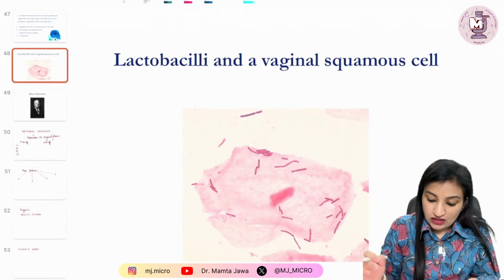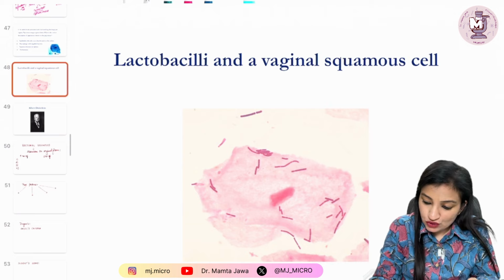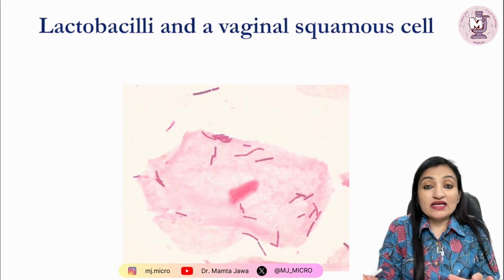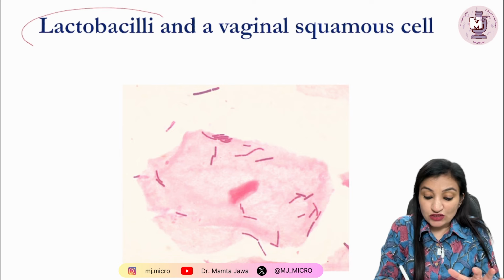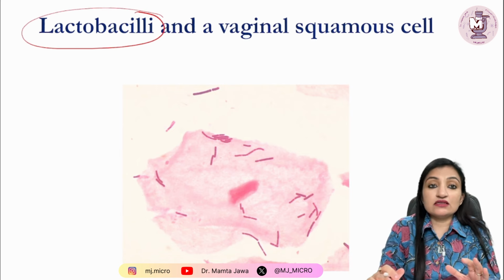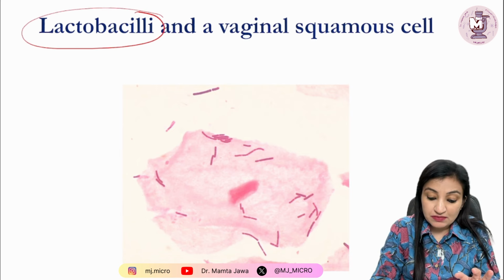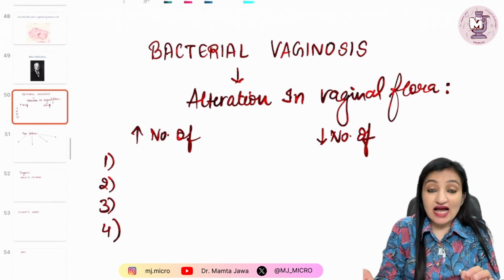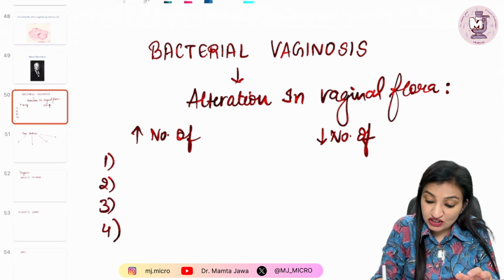Now look at this, guys. Generally in the vagina, the lactobacilli, also known as the Doderlein bacilli, are present in abundance, and they maintain the acidic pH of the vagina. Now, there's a condition called bacterial vaginosis, which is not an infection but an alteration in the vaginal flora.